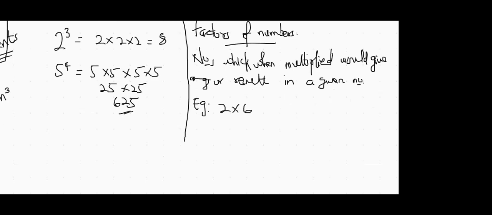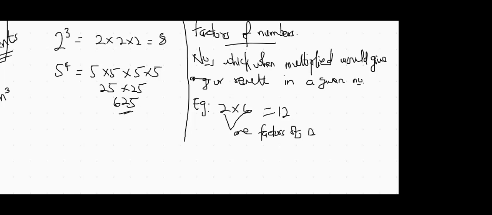Okay, that's fine. So from what Ella just said, 2 times 6 is going to give you what? 12. So 2 and 6 are factors of 12. Please, do we get it? Yes.